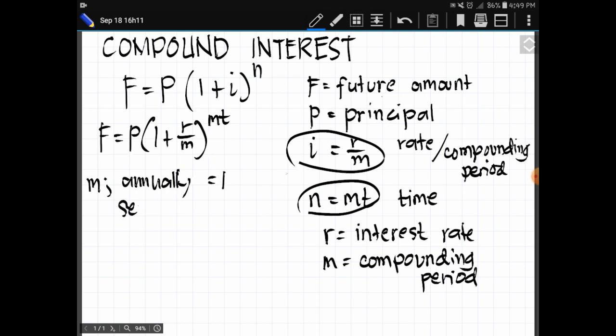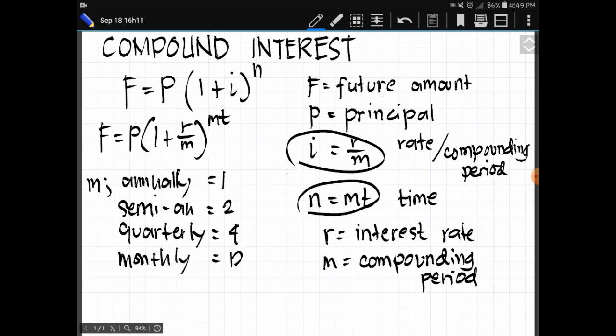For semi-annually, we have 2. For quarterly, we have 4. For monthly, we have 12. For daily, we have 360 if this is ordinary, 365 if this is exact, or 366 days if it falls in a leap year.